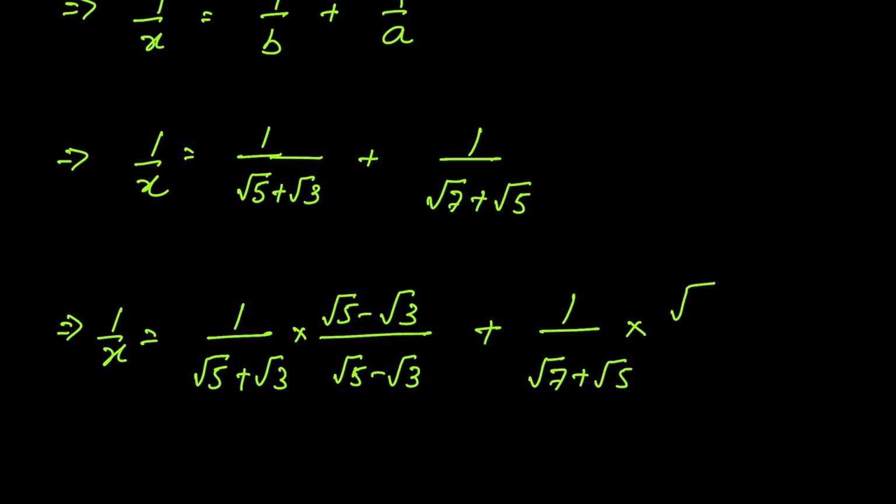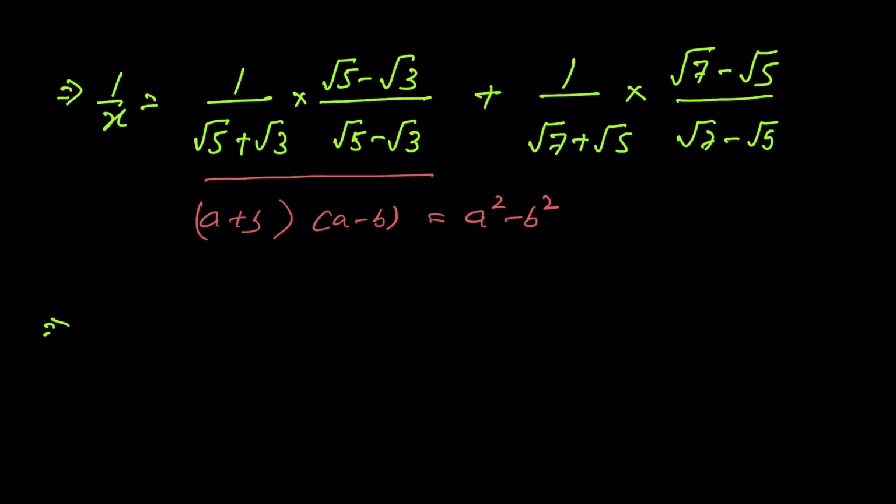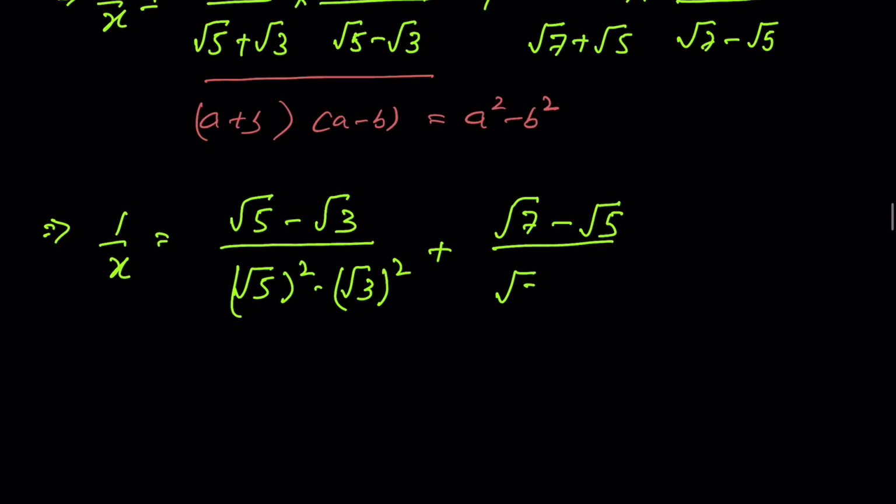So multiply and divide by square root of 7 minus square root of 5 upon square root of 7 minus square root of 5. Now this is in the form of a plus b times a minus b, difference of squares, so a square minus b square. So 1 upon x equals square root of 5 minus square root of 3 upon square root of 5 square minus square root of 3 square, plus square root of 7 minus square root of 5 upon square root of 7 square minus square root of 5 square.